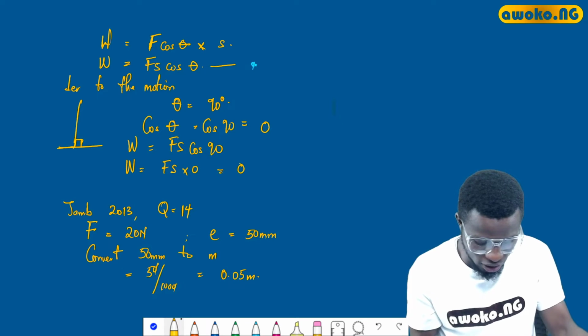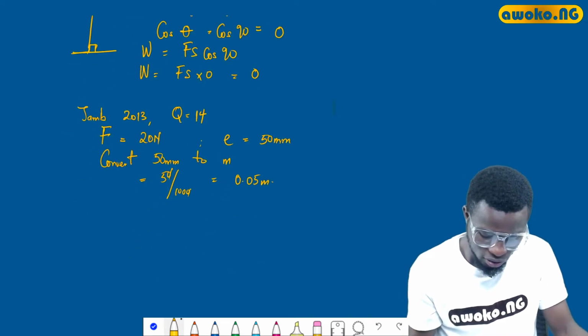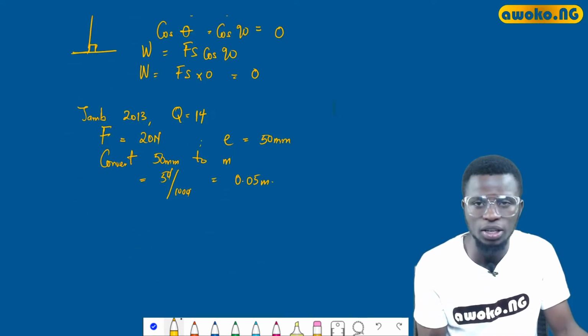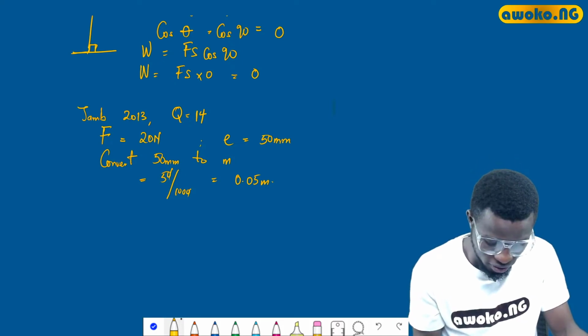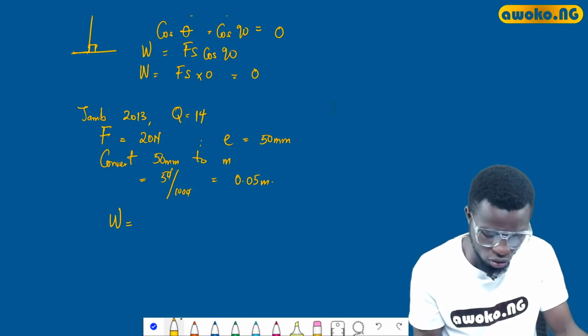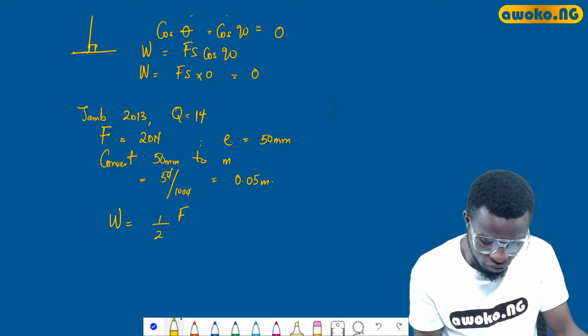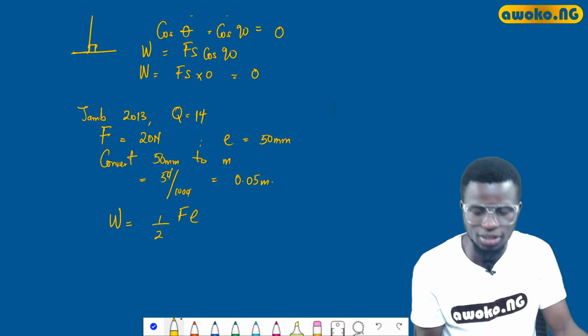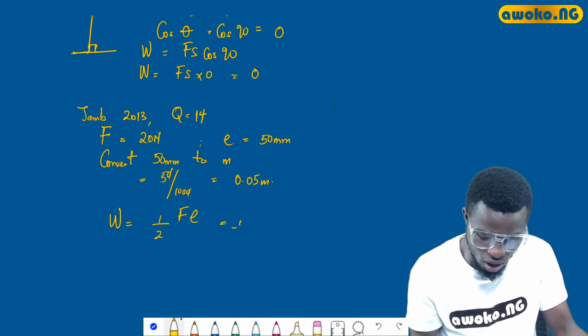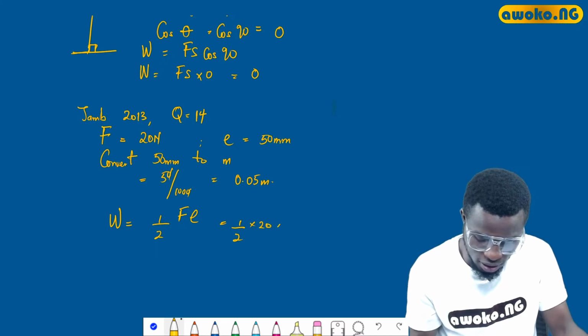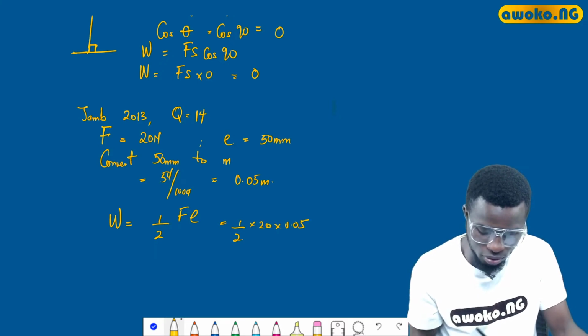Having done that, we can substitute our values into the particular equation and get our answer. The work done on a spring is equal to half of the force times the extension, which is equal to 1 over 2 times 20 times 0.05.